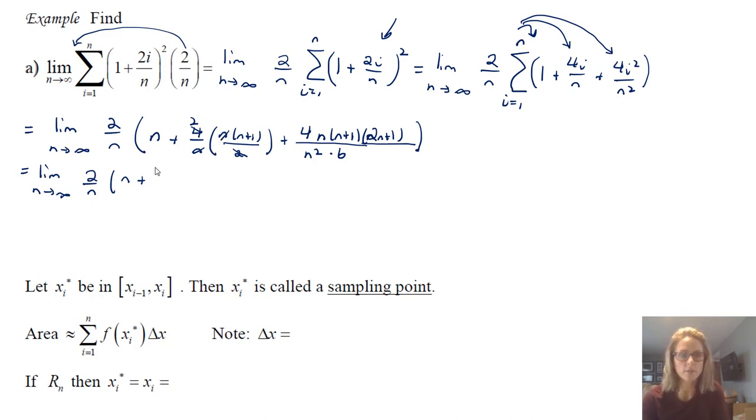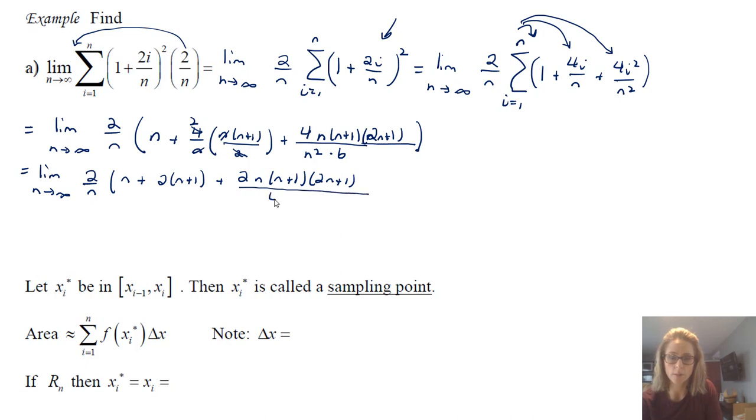And so that gives us 2 times n plus 1 plus, and then nothing too exciting simplifies there. So I have 2n plus 1, 2n plus 1, and then over 3n squared. So that's just simplifying the 4 and the 6, but nothing exciting.